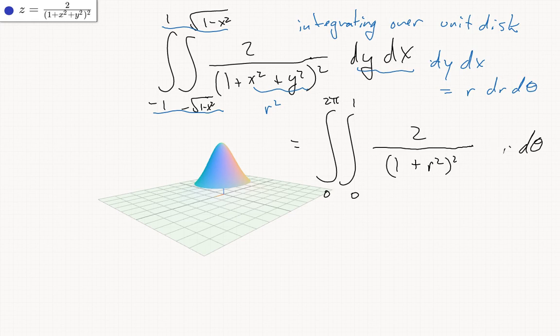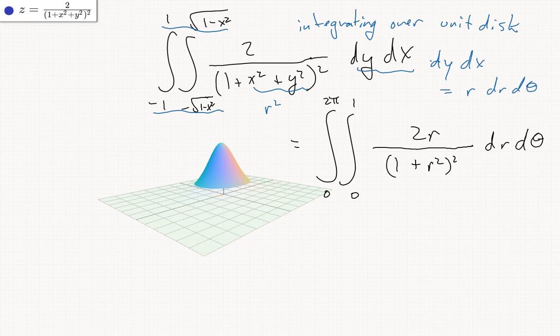So we have, maybe I shouldn't have written these to begin with. So now we've adjusted the bounds, we've adjusted the inner thing. Now the dy dx becomes r dr d theta.